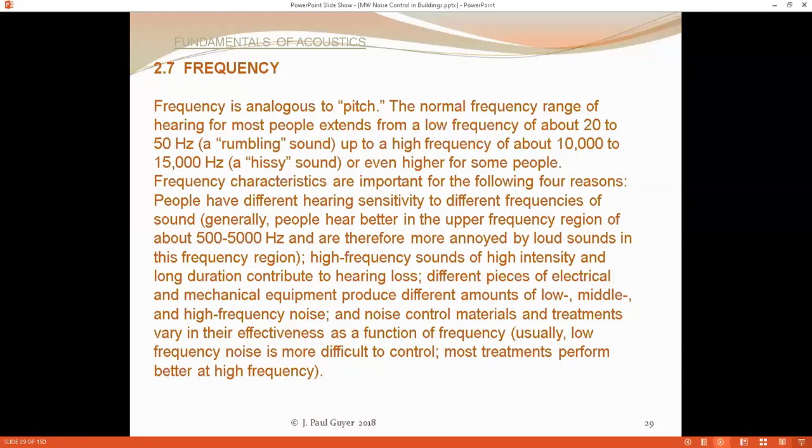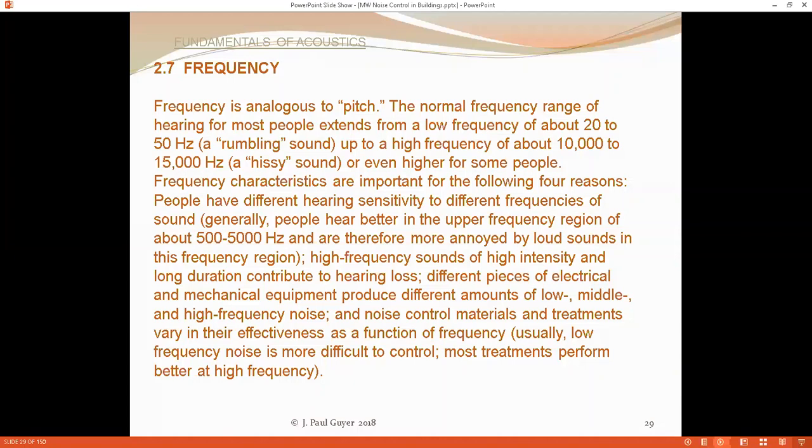And that's a very high, squeaky, hissing type of sound. So if the sound that is being produced is outside of that 50 to 15,000 hertz part of the acoustic spectrum, the human ear just doesn't perceive it and isn't bothered by it.